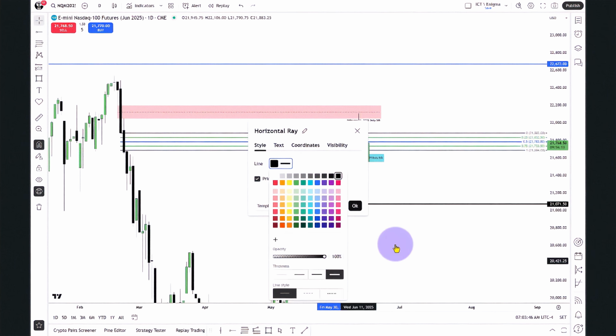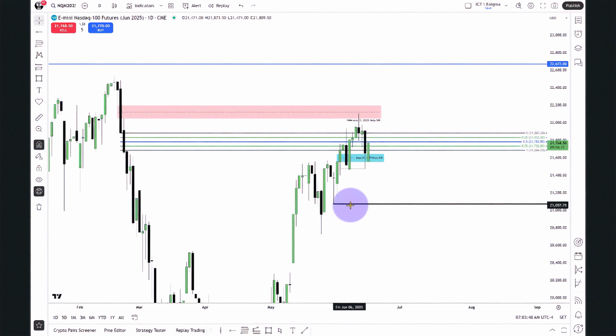Okay, and this high right there. So there are two significant pools of liquidity: near-term buy side, near-term sell side.